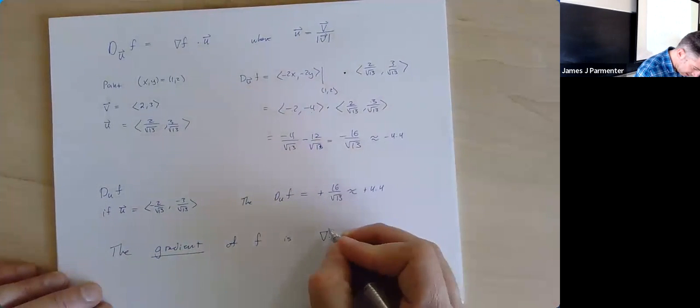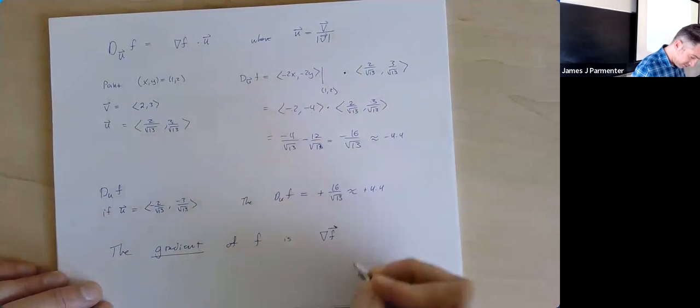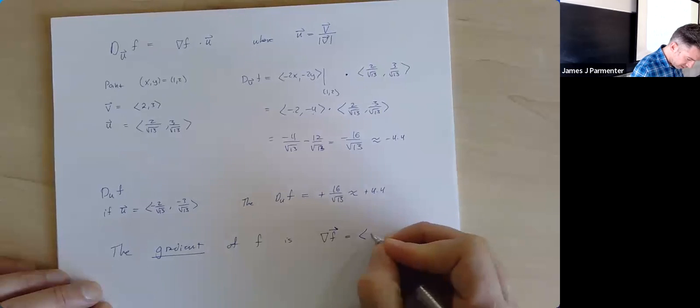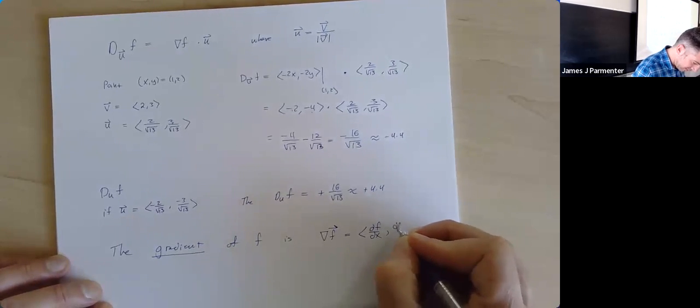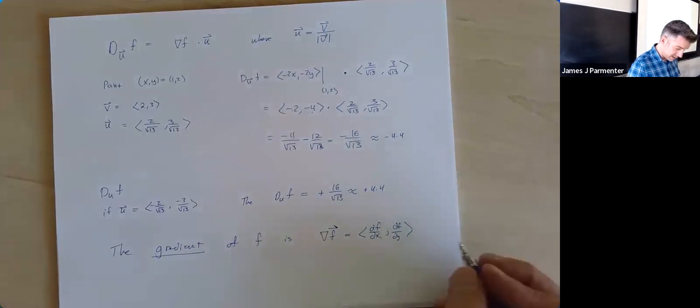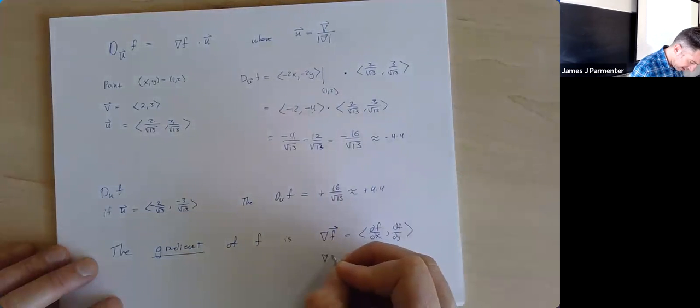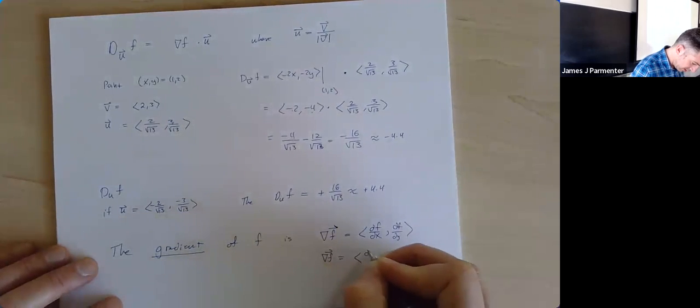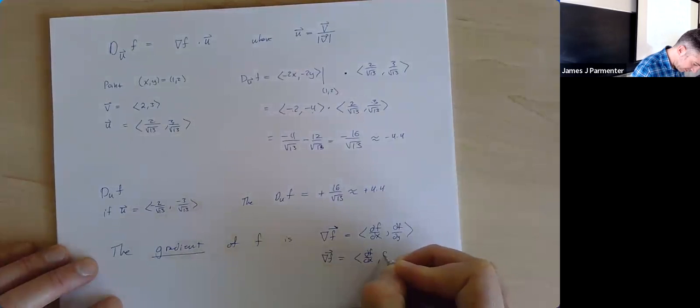And it is a vector, and it's equal to the partial derivatives. So it's ∂f/∂x in the i direction, ∂f/∂y in the j direction. Or if your function is a function of x, y, and z, it's the gradient of f equal to ∂f/∂x, ∂f/∂y, ∂f/∂z.